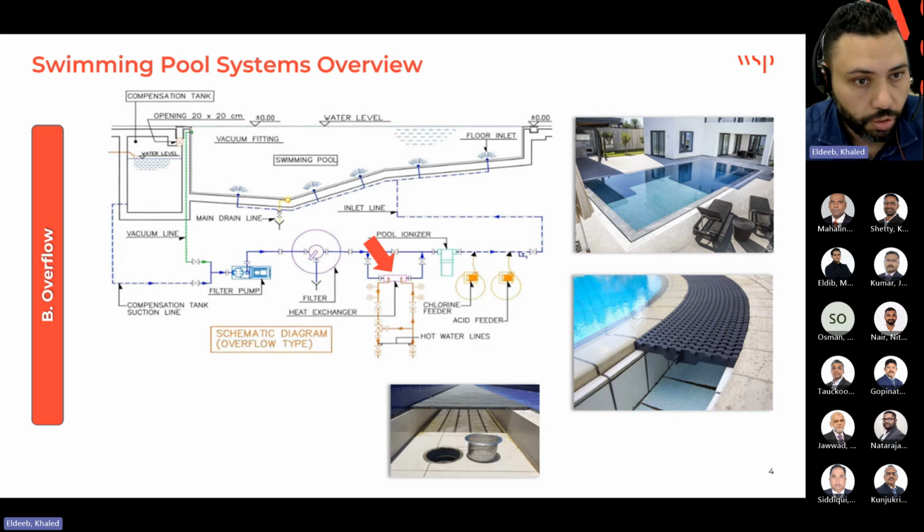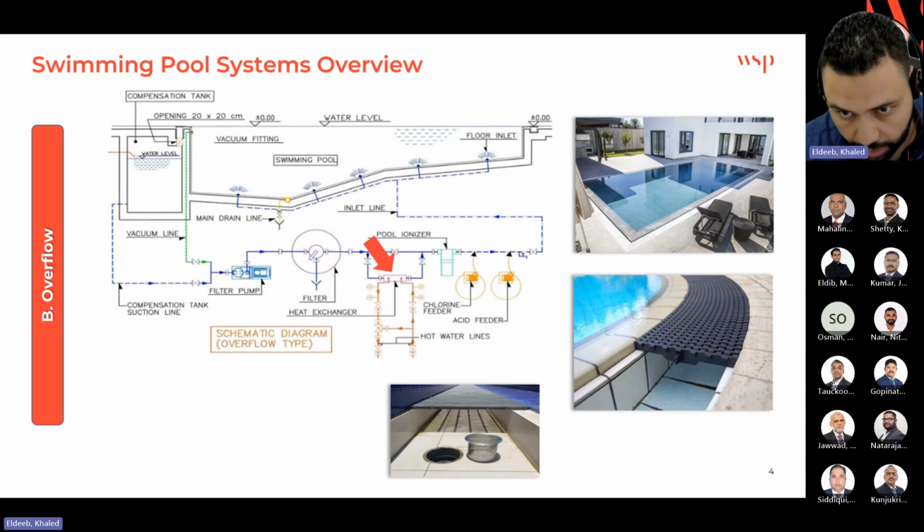The overflow system is mainly used for public pools as it provides better cleaning of the pool water surface, because the surface skimmer system is not efficient at suction of large bodies and does not clean properly the debris floating on the water surface. That's why the overflow system is much better in terms of cleaning, as it provides full coverage to the whole area around the pool.